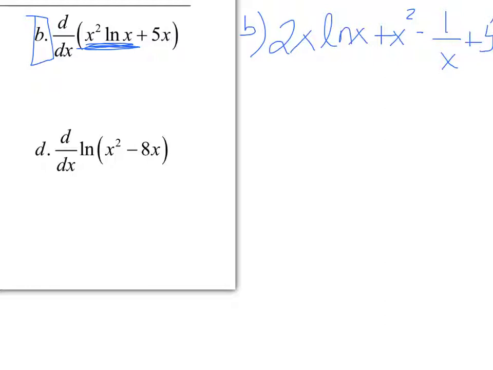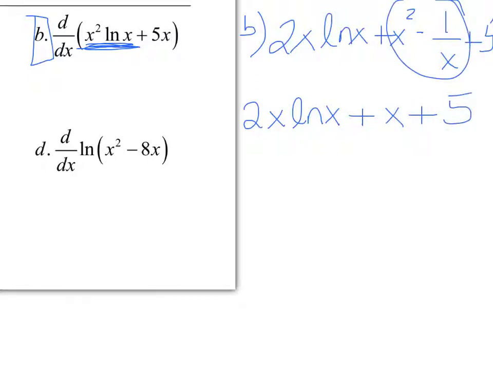So my final answer should be 2x ln of x plus x, because this will reduce, plus 5. And that's your answer for letter B.